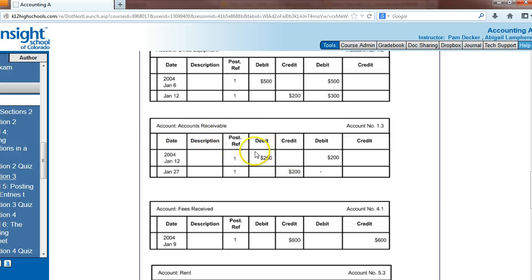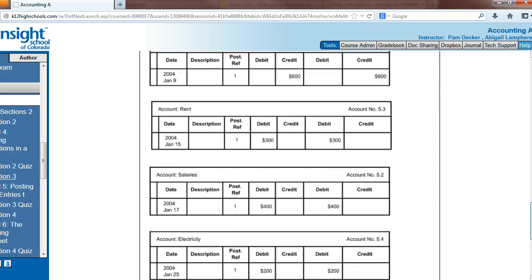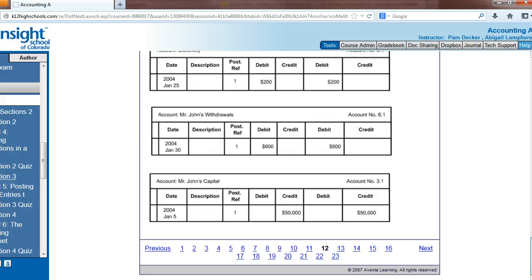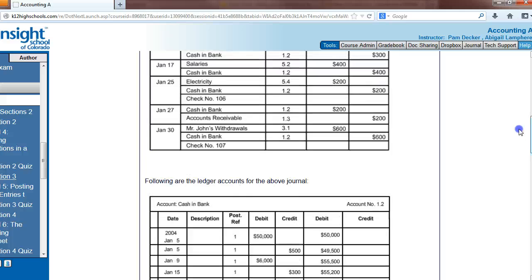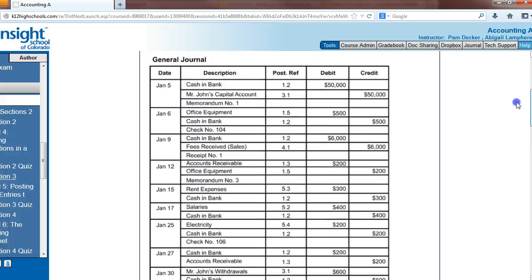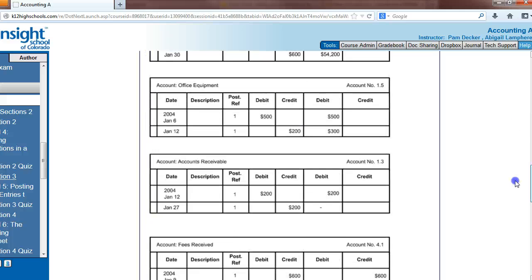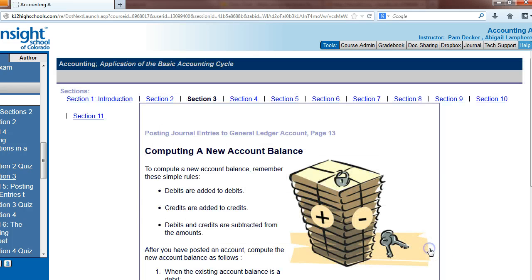Someone bought something from us on account for $200, and then they paid that off. So this account doesn't even have a balance right now because it's all paid off. These are just different ledger accounts for each of the accounts that were used in the journal above. Okay, that's what posting looks like.